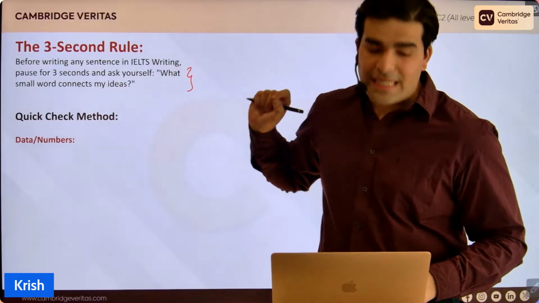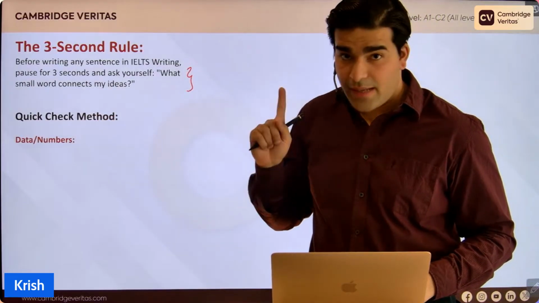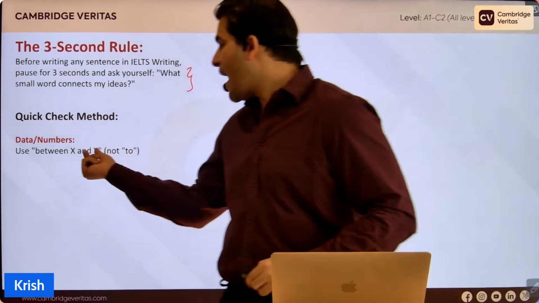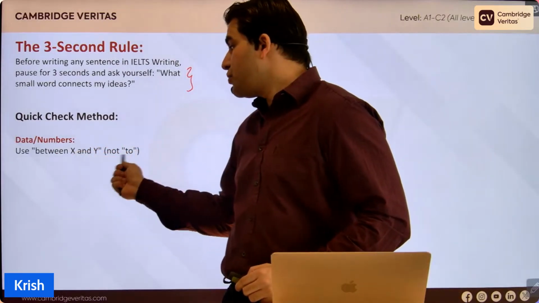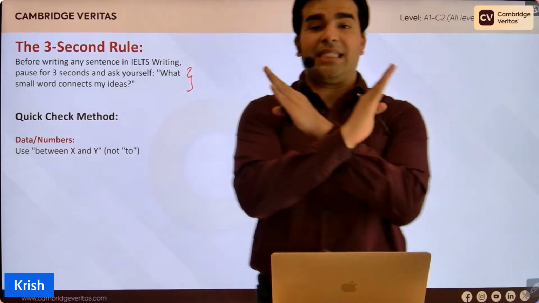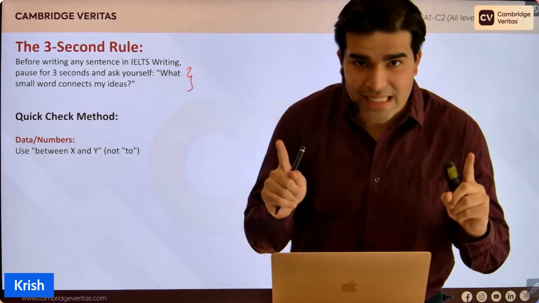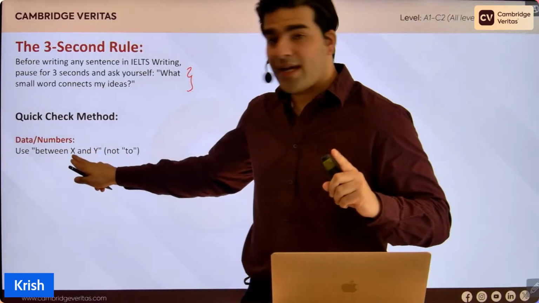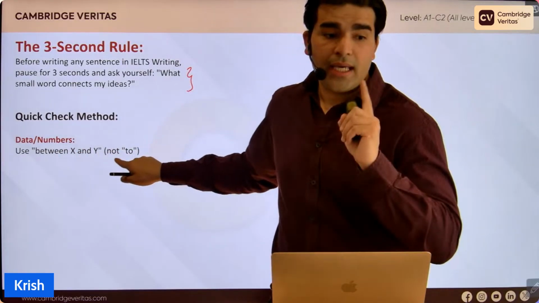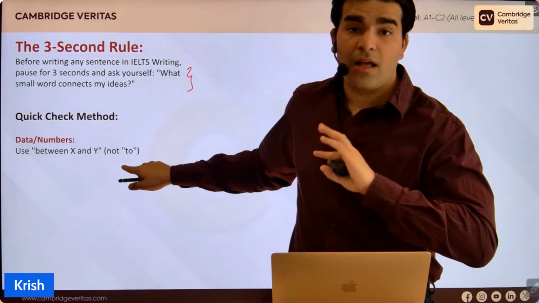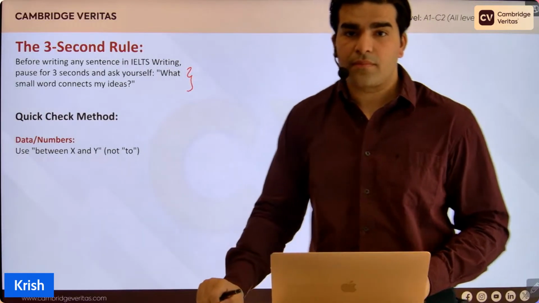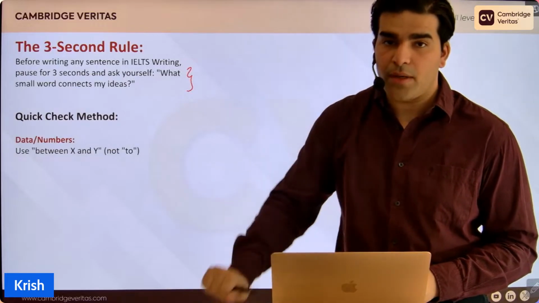If you're using the word between, always use and, not to. Between 2001 to 2010 is incorrect English. Between 2000 and 2010 is correct. If you write to, the examiner is going to deduct your marks. That's point number one that you need to remember.